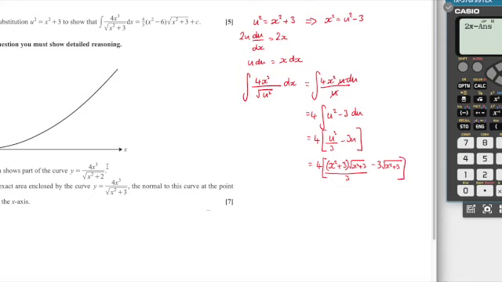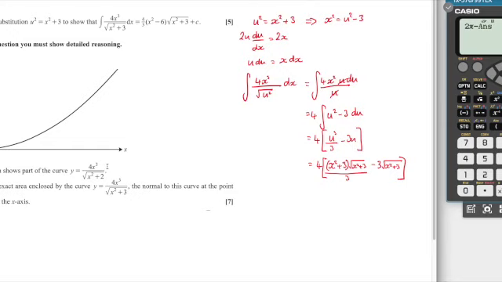What can I do? I'm not a big fan of this. I think I'm going to get a difference of 2 squares somewhere.